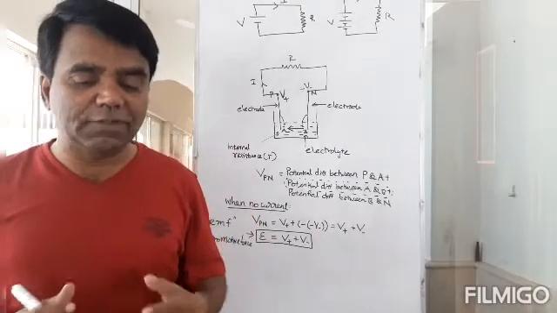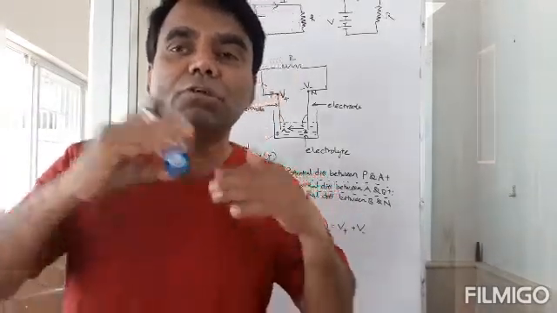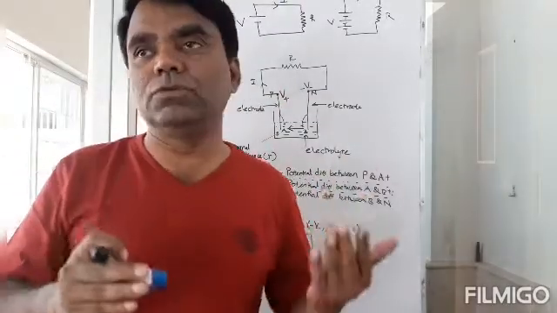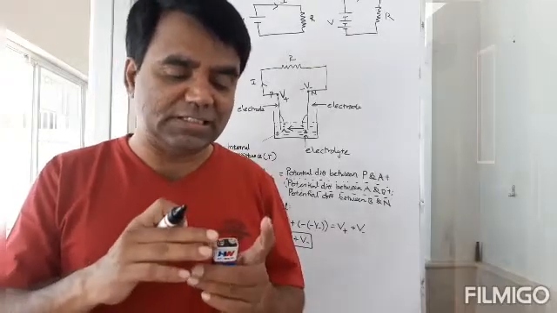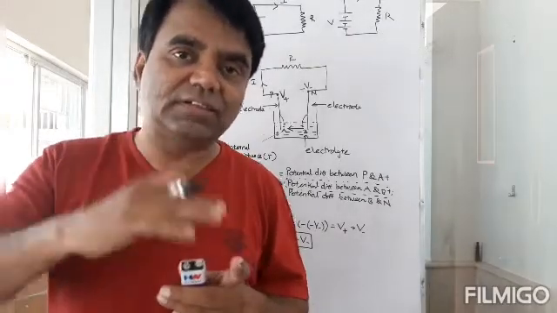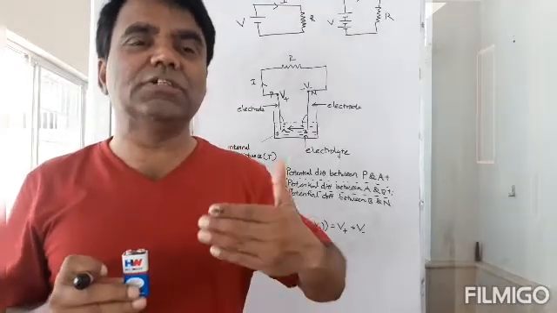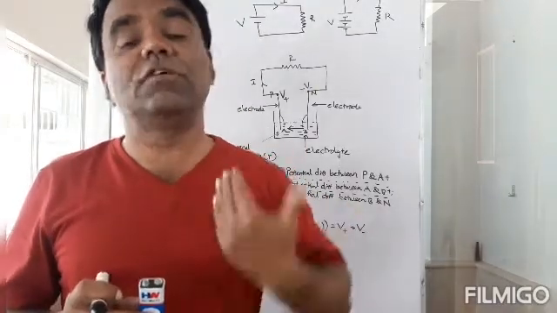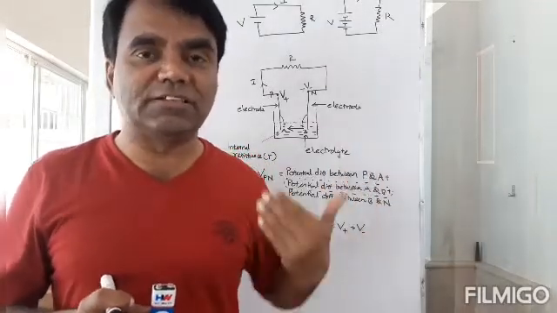When people were studying cells for the first time, they did not know a lot about force and energy and stuff. So they thought this difference was driving the charges, driving the current. So they thought it was a force, but it is not a force. It's a potential difference. But that is something that we found out later.